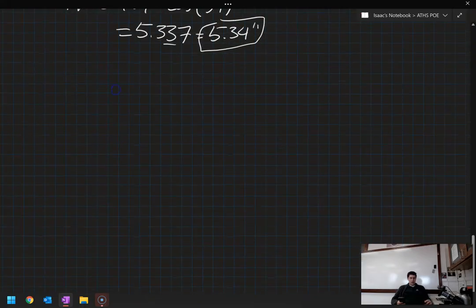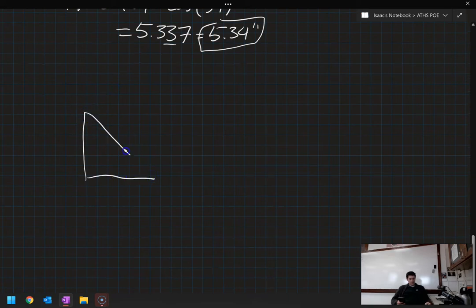Okay, now I'm going to show you another example, but this time, let's say that I have this triangle here that's got an adjacent side that is 4.3 inches and an opposite side that is 5.8 inches.